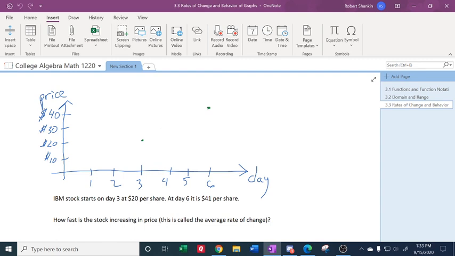So, get into your group channel and start typing in your answer, your best guess, but don't hit enter yet, so the other group members can't see your answer until I give you the cue. Then you'll hit enter, and then you're going to discuss this and come up with the best answer your group can come up with. But work on it individually right now.